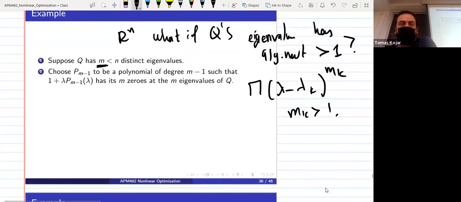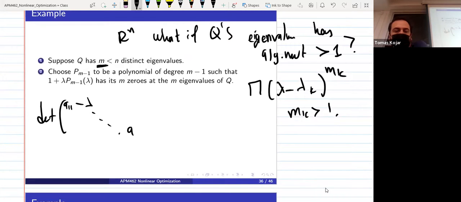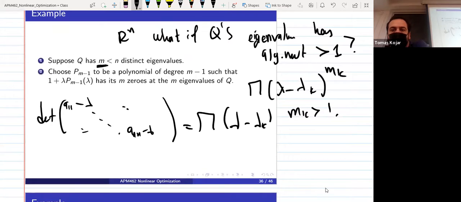Now, again, how do you find eigenvalues? If you remember, you had the determinant of your matrix, and you had minus lambda, like A11, right? And minus lambda stuff, and you get the thing I wrote over here for k from 1 to m, where m is less than n.